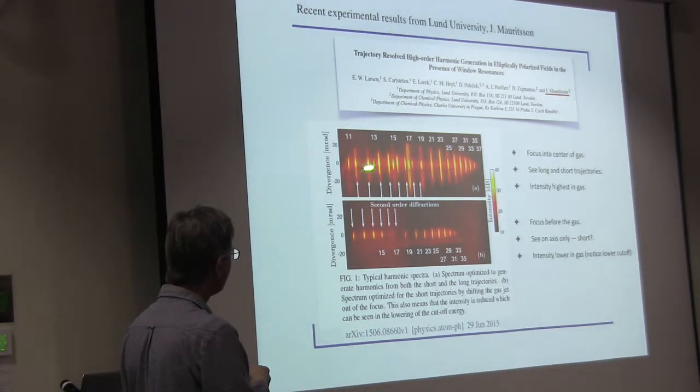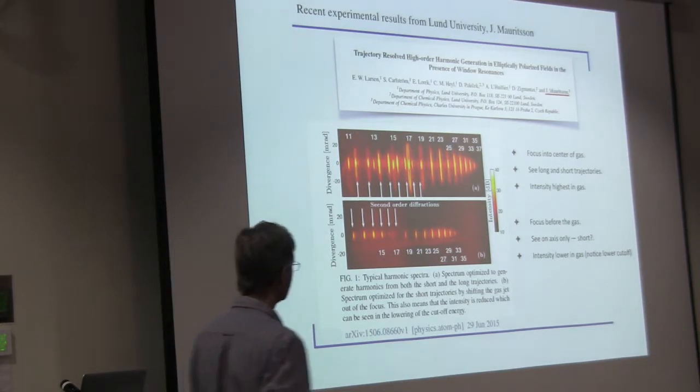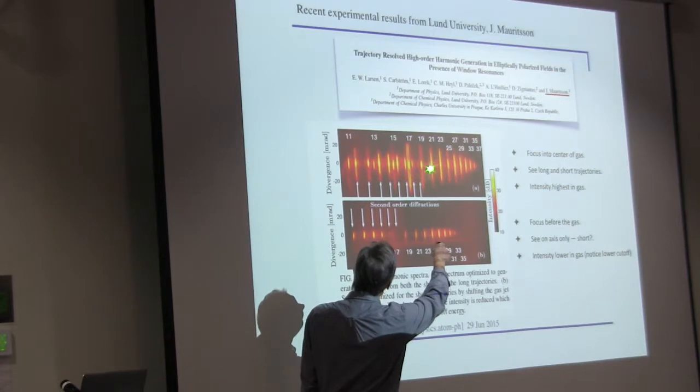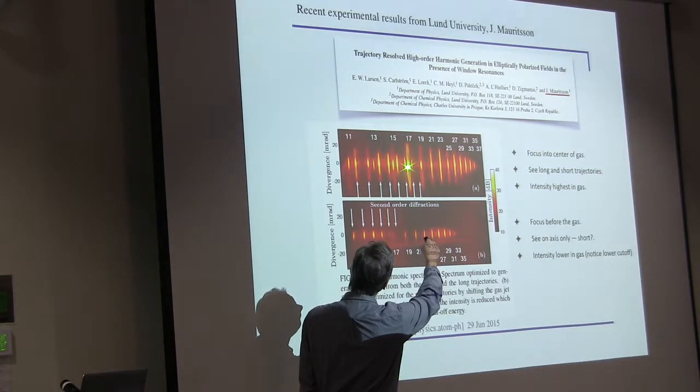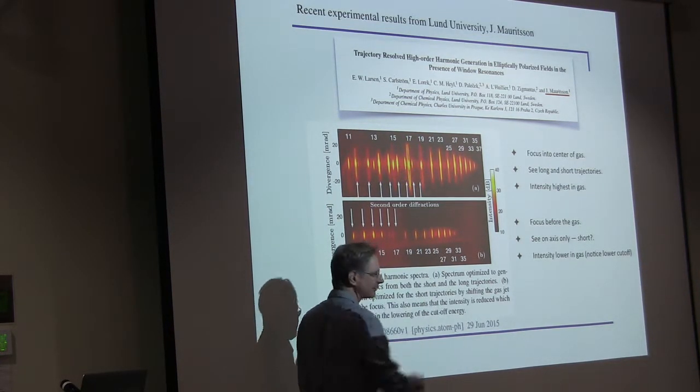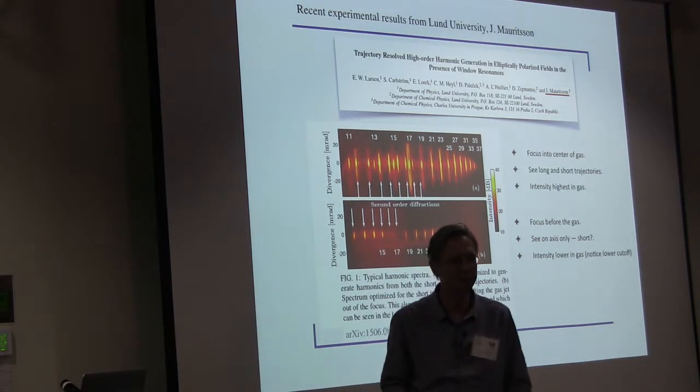Here, they have changed the focusing conditions to where they have both long and short trajectories. So for harmonics like this one here, you have something that's very close to the axis and bright, which is the short trajectory, but you also have this piece that is very far off axis, and that's from the long trajectory.